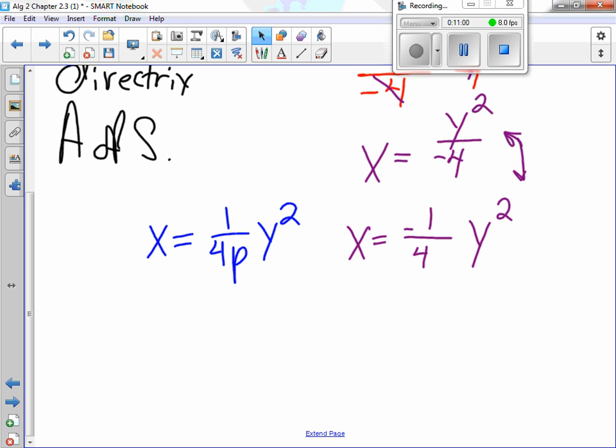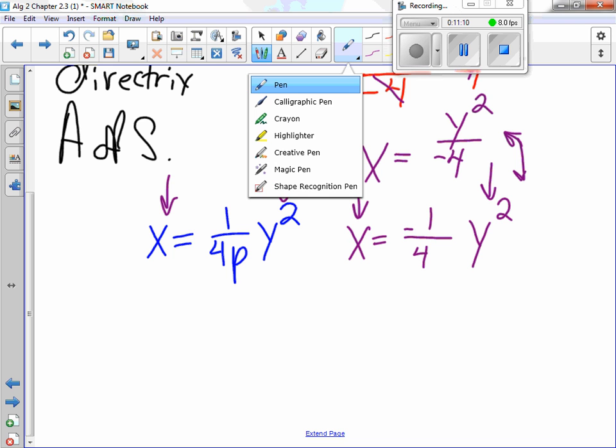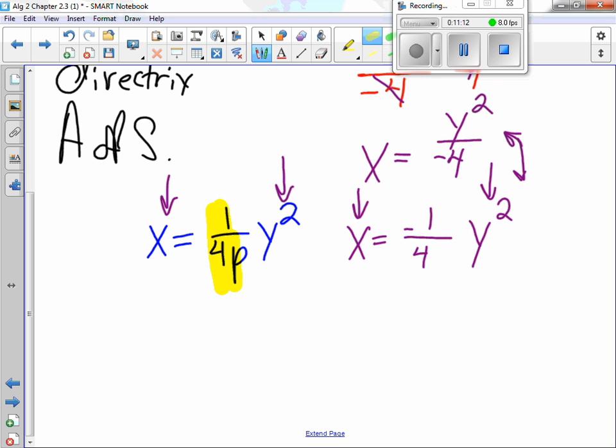We have x by itself here and x by itself here. We have a y squared, 1 over 4p, and a number here, because p, or 4p in the denominator, is the only variable other than x and y. And that's our input-output for a function.